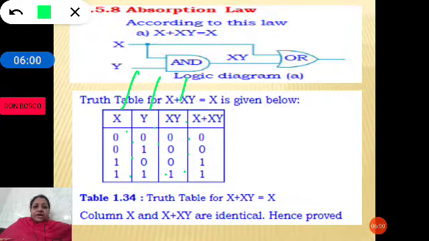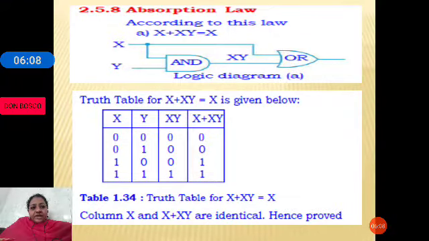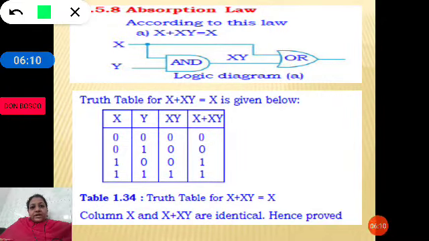So x ANDed with y is 0, 0, 0, 1. Now for x plus xy, we have x here and also xy. So 0 plus 0 is 0, 0 plus 0 is 0, 1 plus 0 is 1, 1 plus 1 is 1.